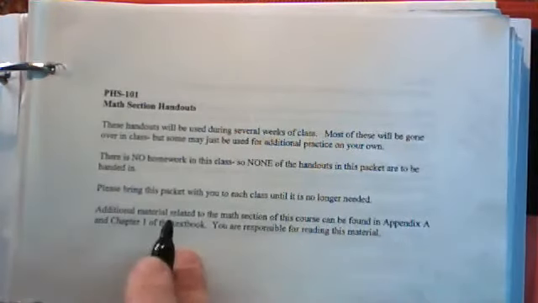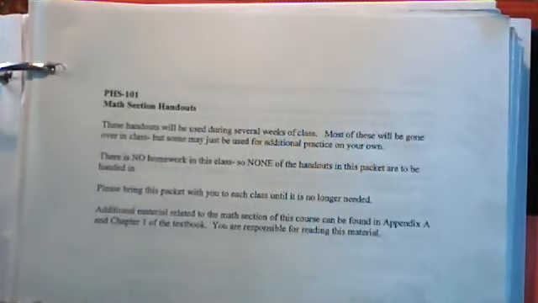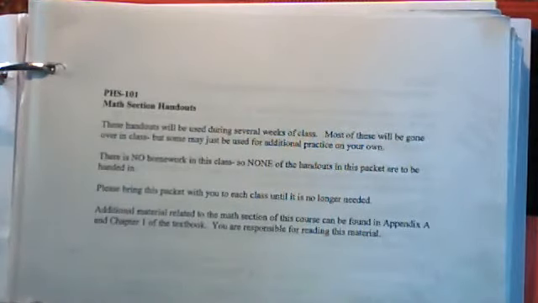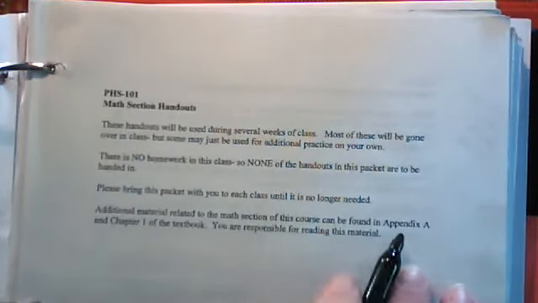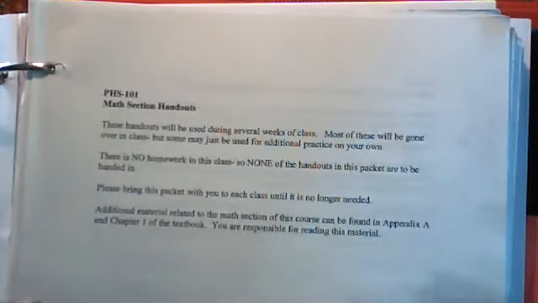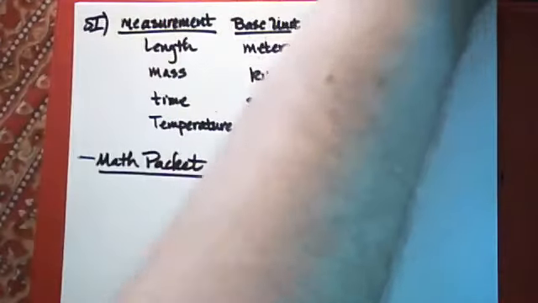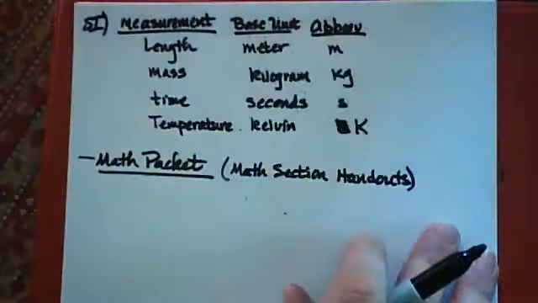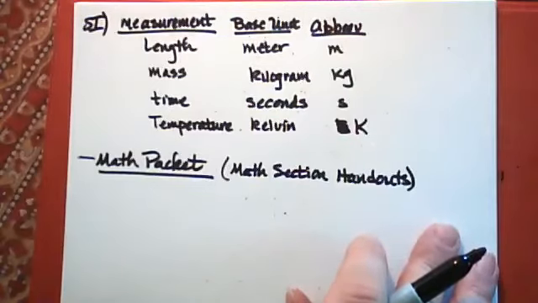And be sure to keep it handy, because like I said, this is what we're doing for the first couple weeks in the class. Also, there can be some useful information found in Appendix A and Chapter 1 of the textbook, but basically what we do is going to be from the math handouts in the math packet.